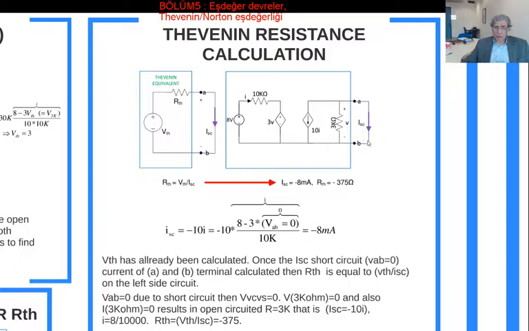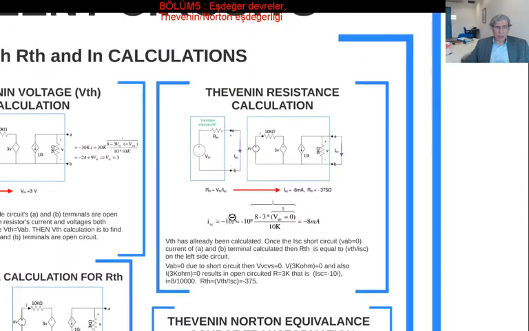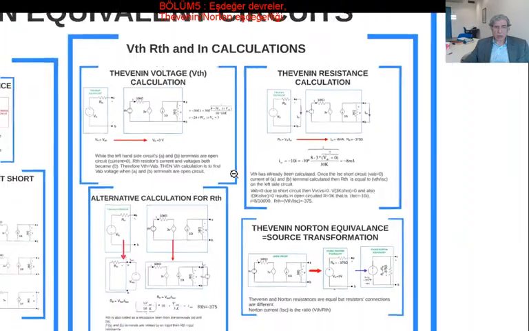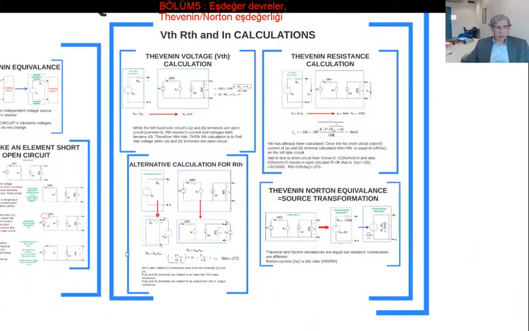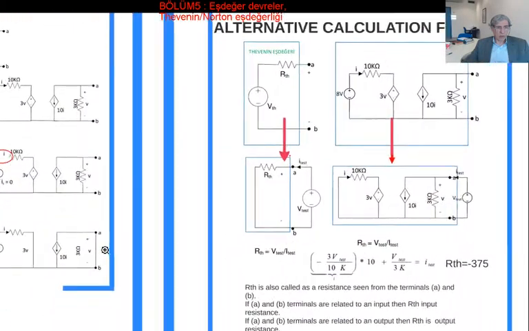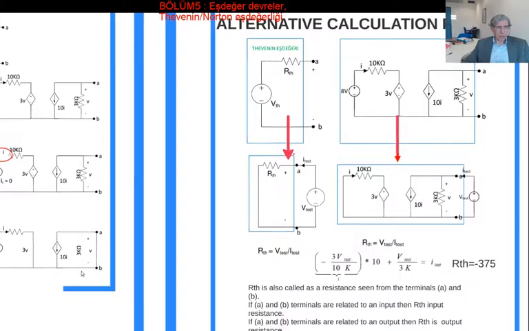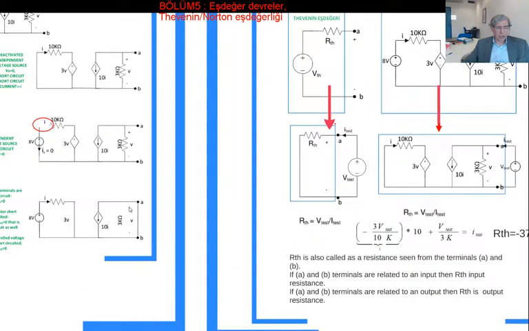How we found it is easy, you can see it here. When this voltage is 0, that means V is equal to 0. When V equals 0, as we have seen already here, this is what we have done here. When you short circuit here, we remove this 3K resistor and then the dependent source voltage becomes short circuited.